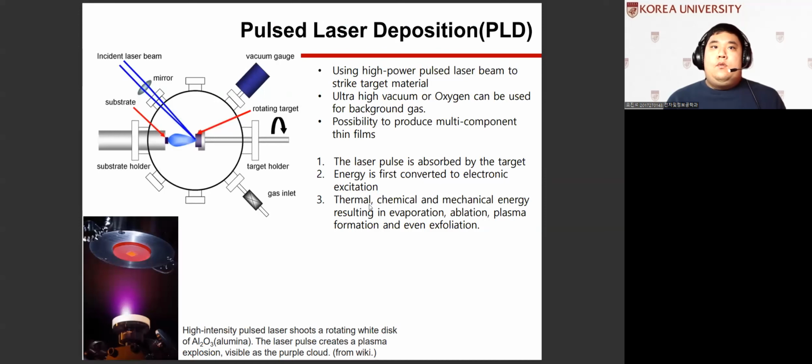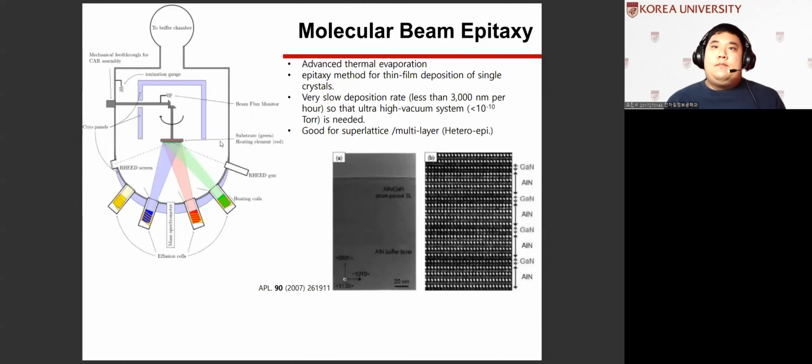Last but not least, we can even use pulsed laser deposition. We use a laser beam in pulses, and because the pulsing laser has a lot of energy, the target can be easily evaporated. Finally, there is molecular beam epitaxy.